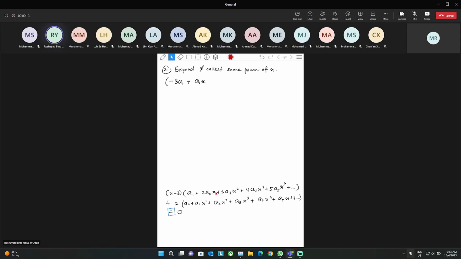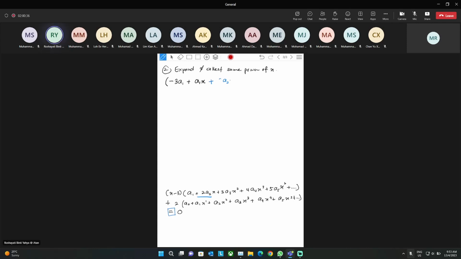2 A2X multiply with this, plus 2 A2 now become 6, right? Negative 6. Okay.